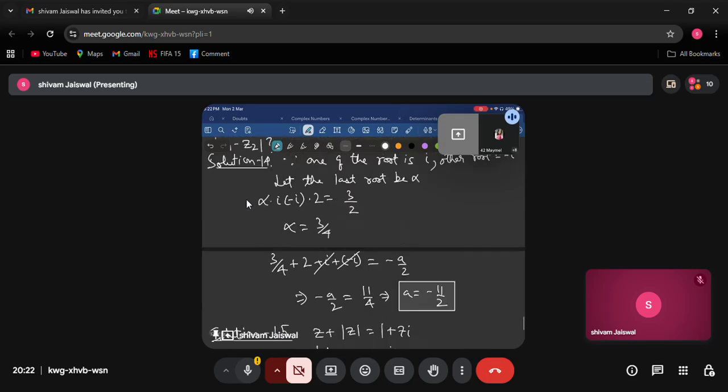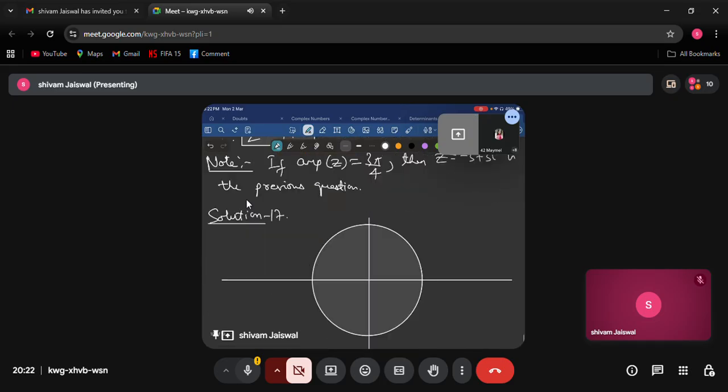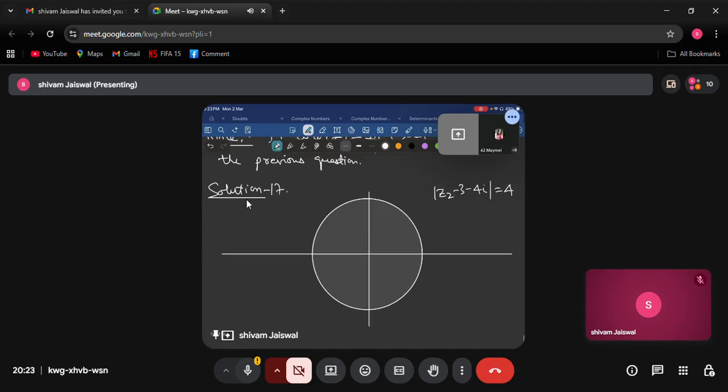Next there is another circle: mod of Z2 minus 3 minus 4 iota equal to 4. Memel, what is the center and the radius over here? Sir, radius 7, center 4. How is the radius 7?